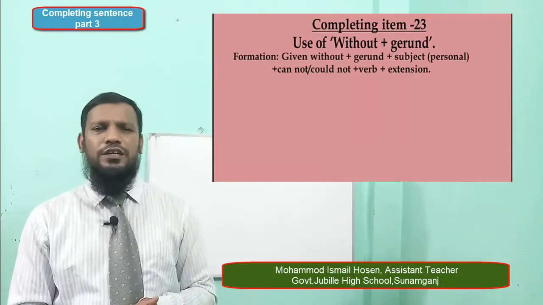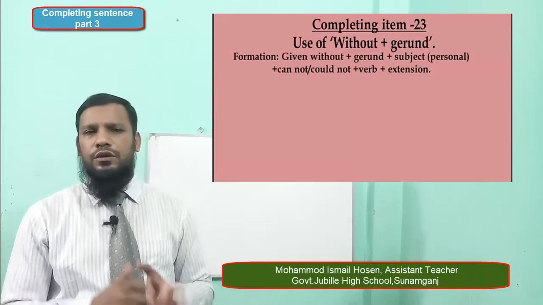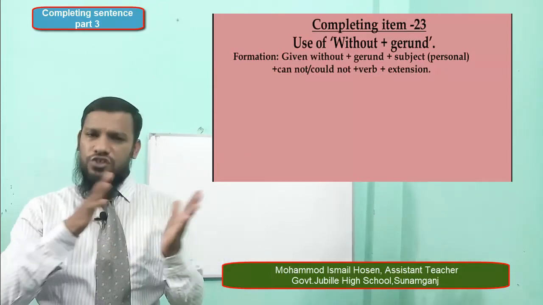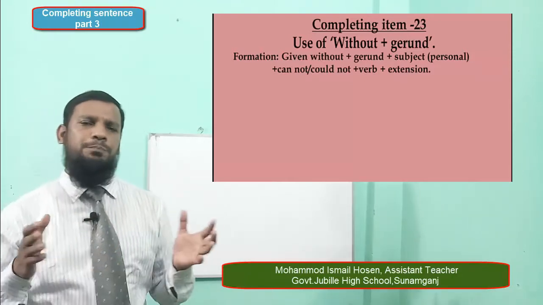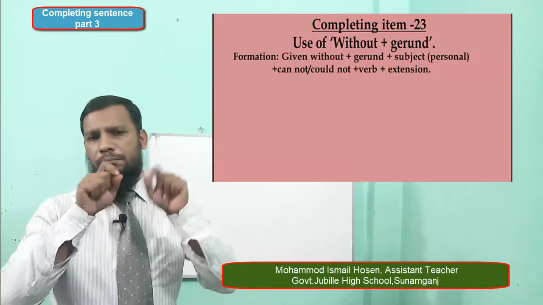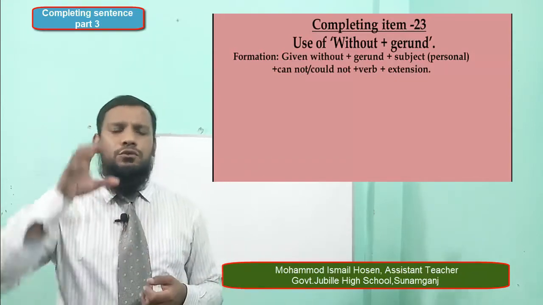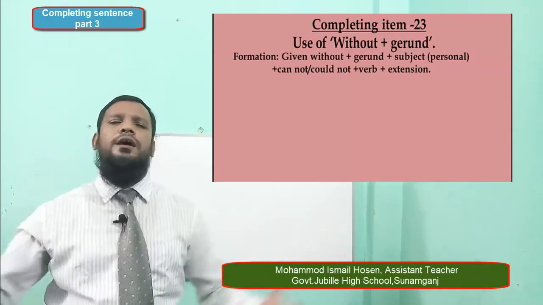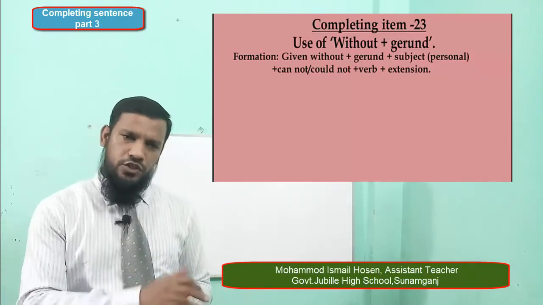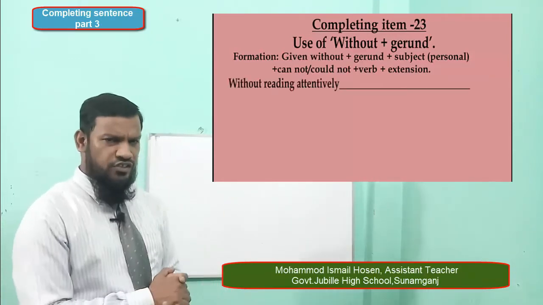Let's see the formation. Given without plus gerund, then subject, that means personal subject, and then cannot or could not, then verb, then extension. Maintaining this structure, we can complete this type of sentence. Here is an example.